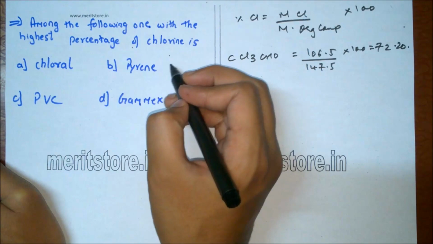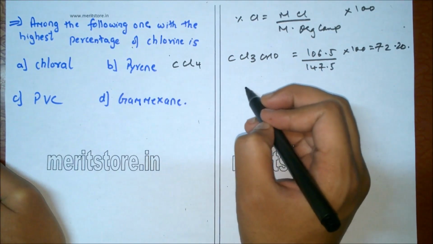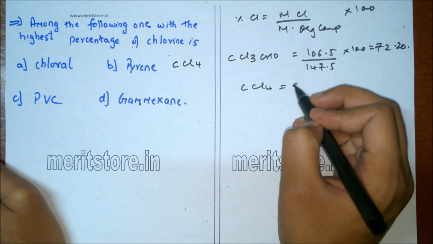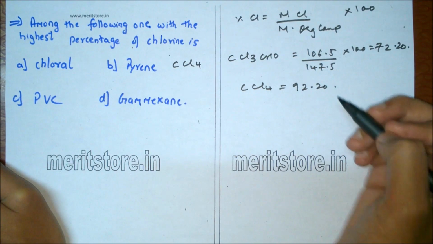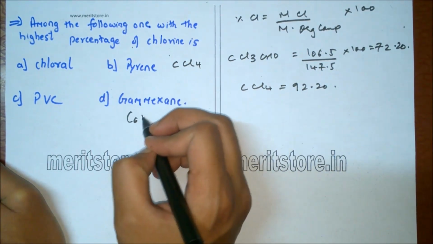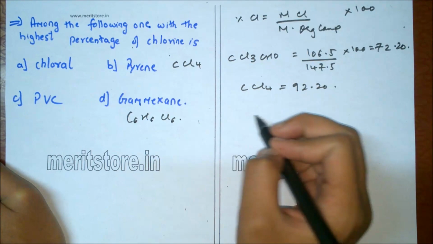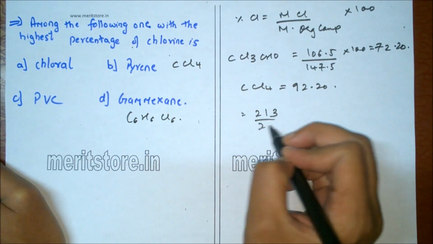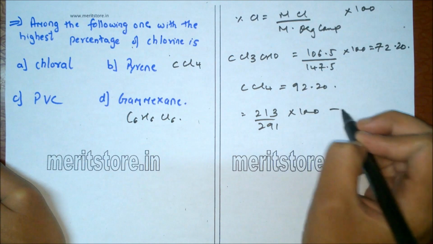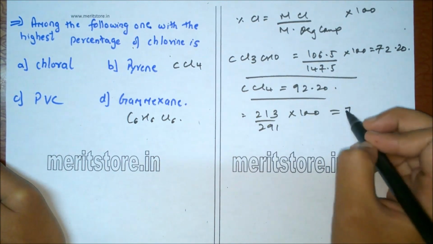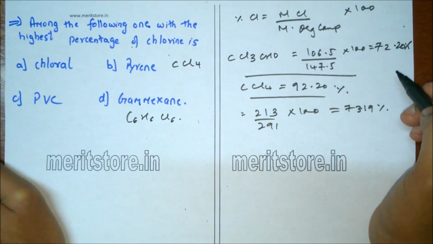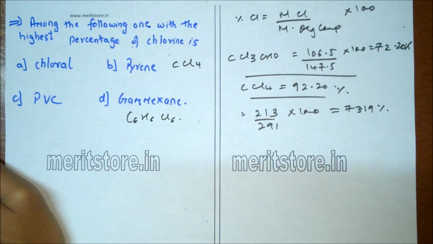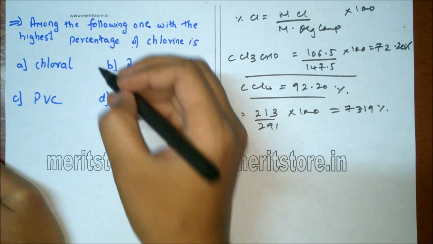Similarly, we can find for CCl4, which has mass percentage of chlorine 92.20, and gammaxane, which is C6H6Cl6. So 213 divided by 291 into 100 for gammaxane will give 73.19%. And then comes polyvinyl chloride. So the maximum is for CCl4, option B.